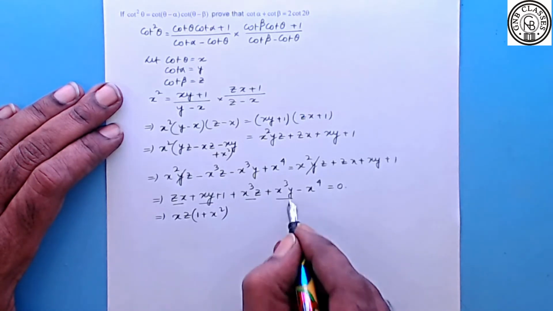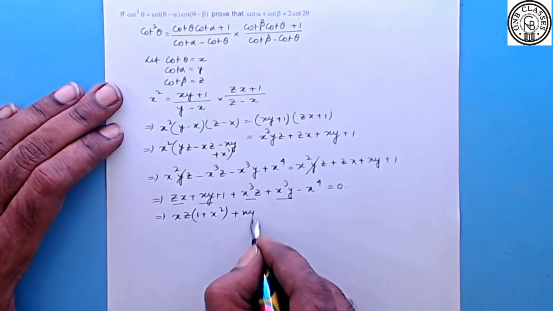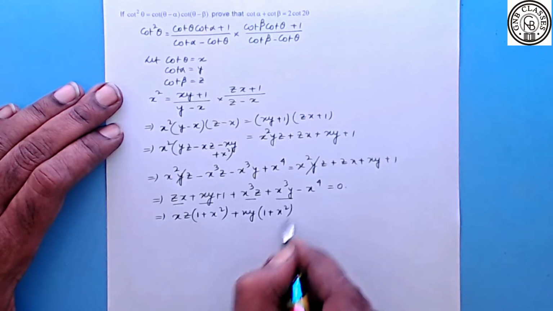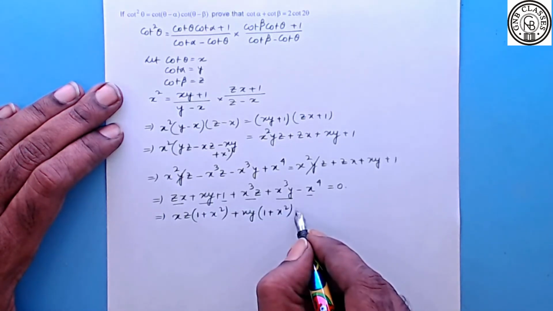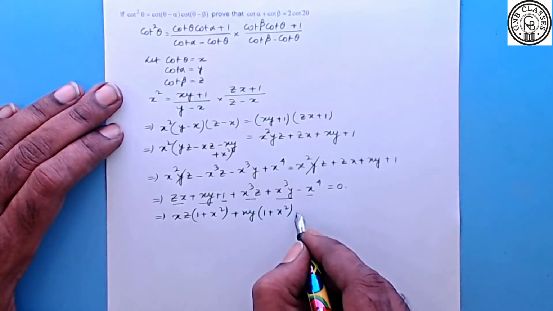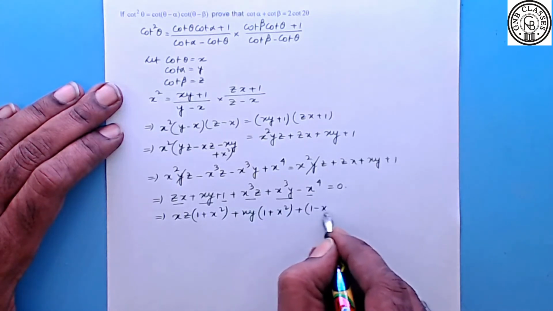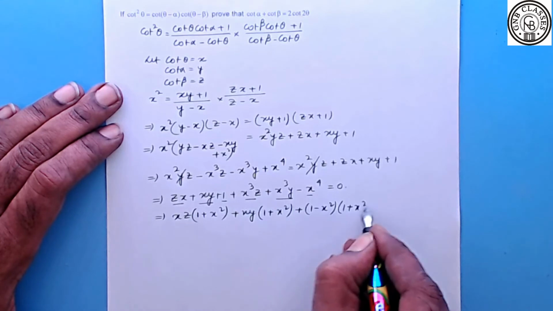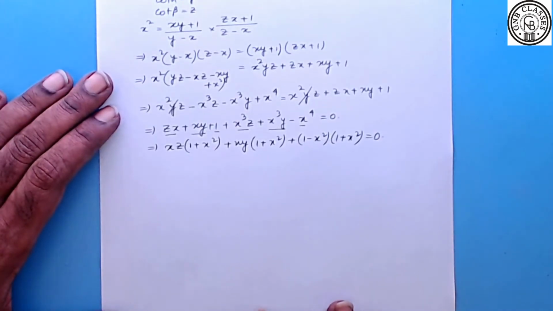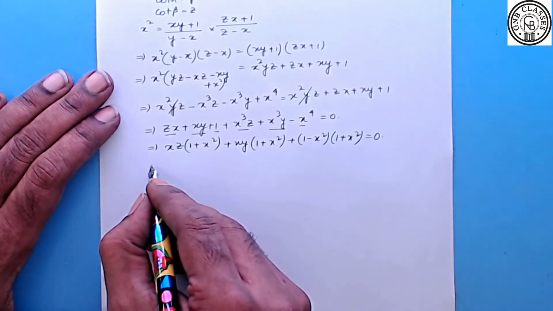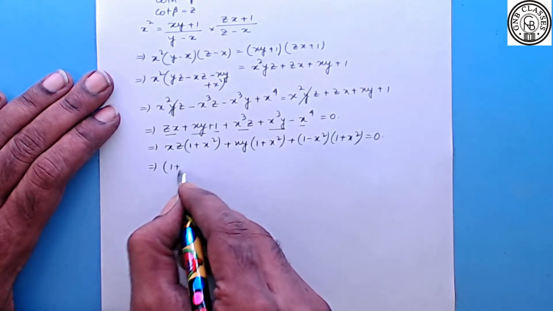From these 2, if I take xy common, so we are left with 1 plus x square. And if I combine these 2, 1 minus x to the power 4, so we are having 1 minus x square into 1 plus x square equals to 0. Is it clear?